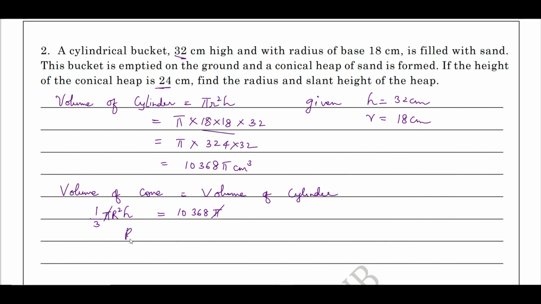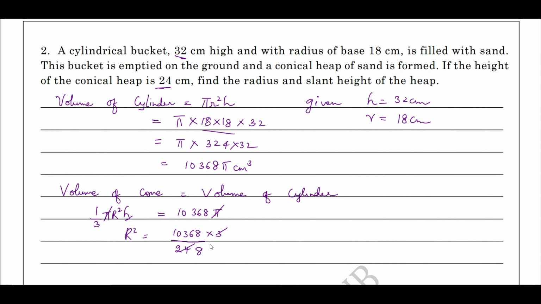Now R square equals 10,368 divided by, what is the h value? The h value is 24, and cross multiply 3. 3 ones are 3, 8 threes are 24.